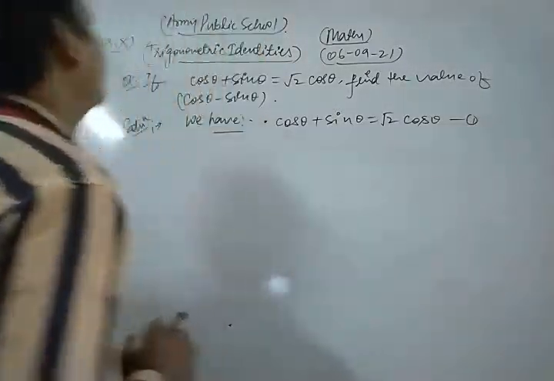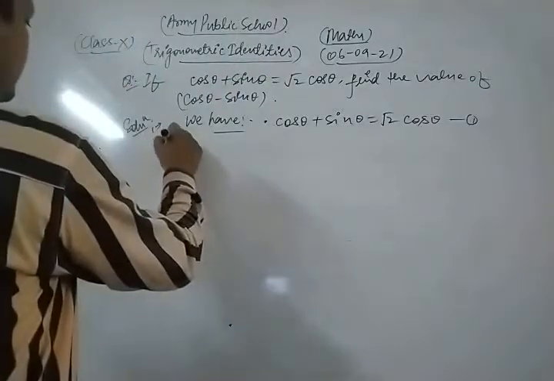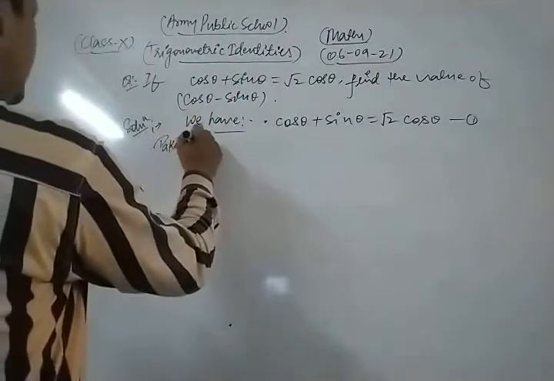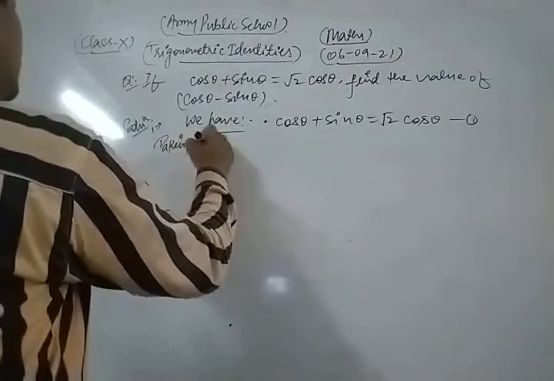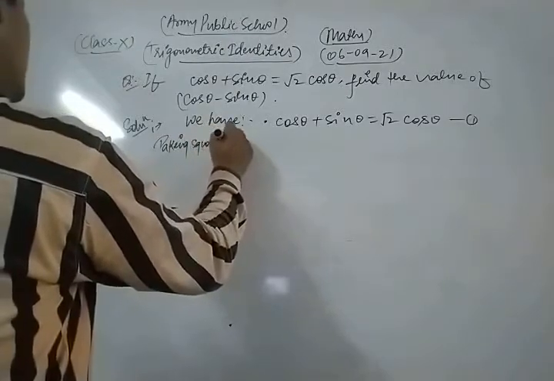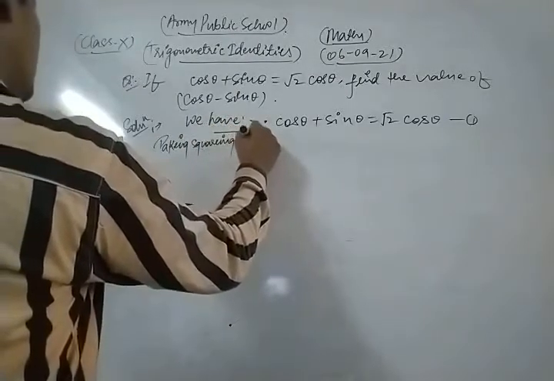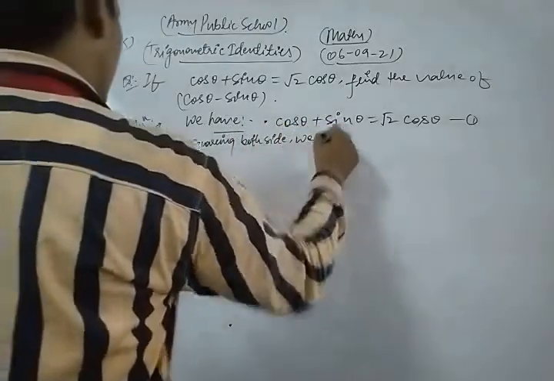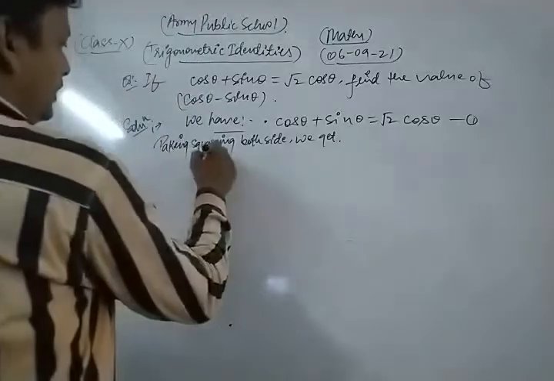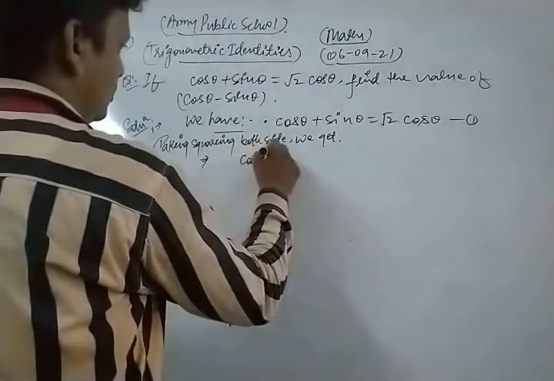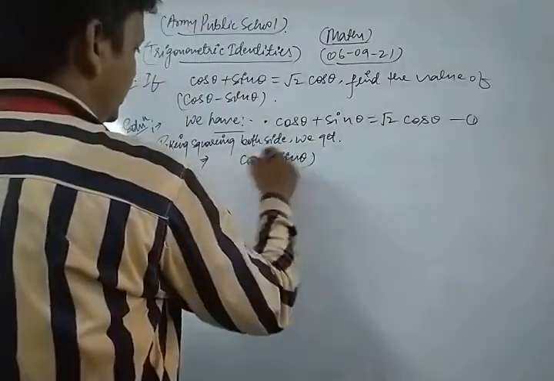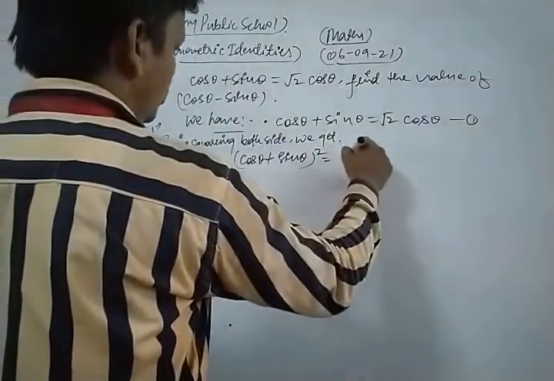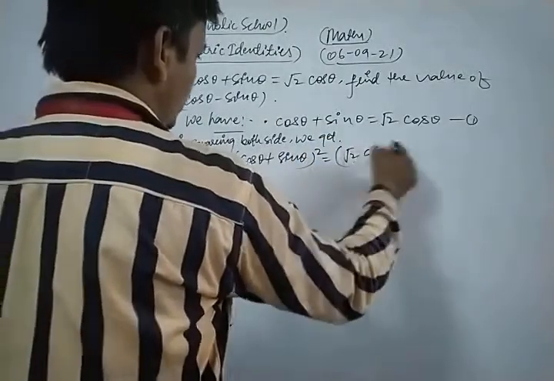Now, taking the square, we get cos theta plus sin theta whole square is equal to under root 2 cos theta whole square.